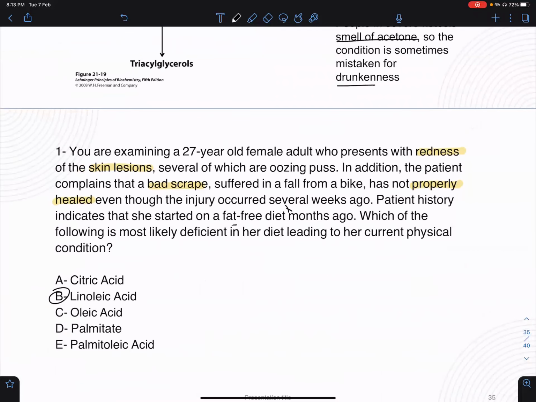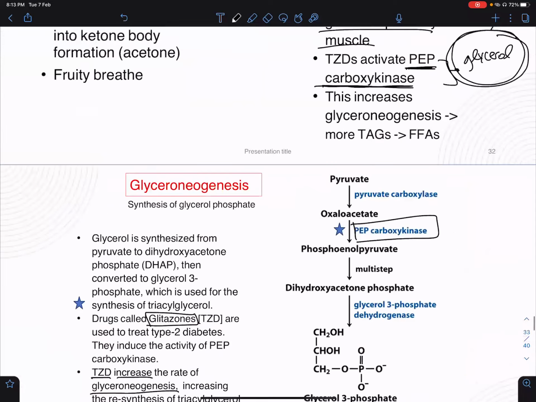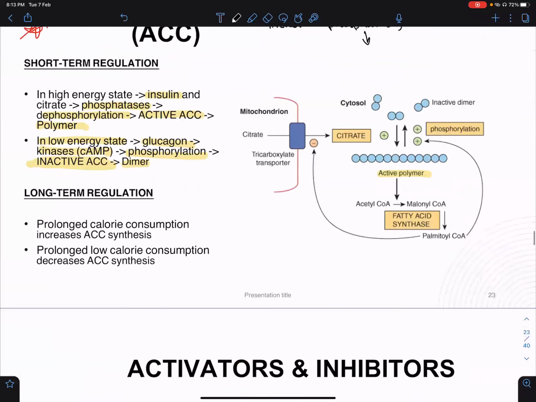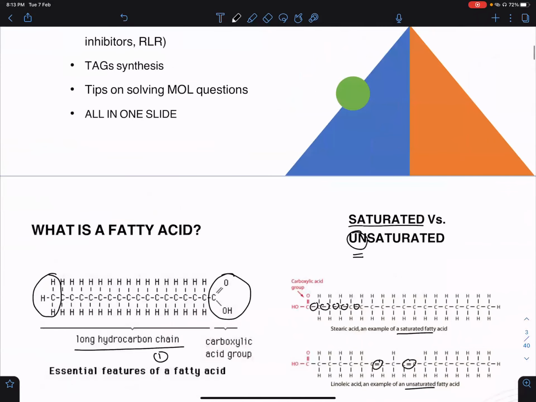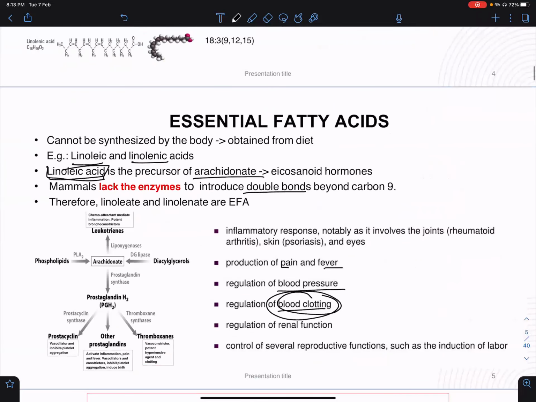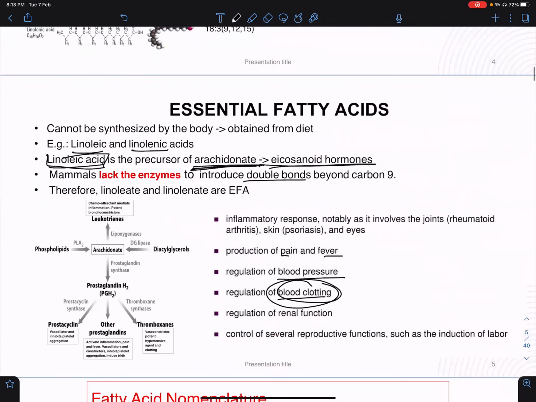Okay, so let me take you back to the slide. Right here. Remember when we said that linoleic acid is the precursor of arachidonate, which is used to make eicosanoid hormones?